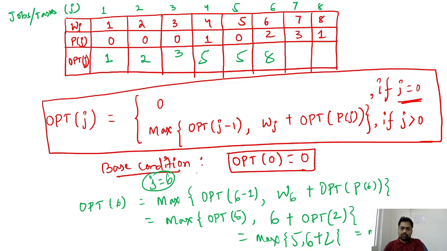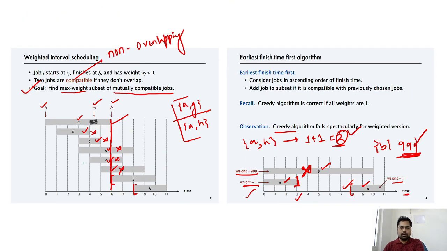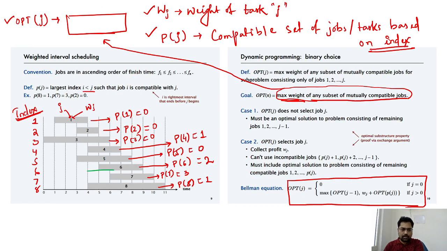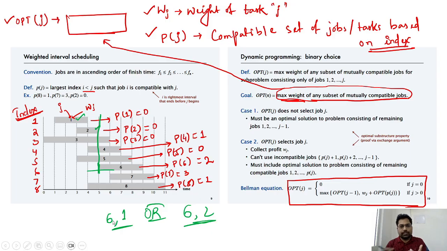Okay. So you just compare this one up to this first one. If I pick, I know we have two other options. Either 6 will be combining with 1 or 6 will be combining with 2. If I combine these two compatible jobs, here you can add this weight because the jobs' value is equivalent to the weight here as per the example.